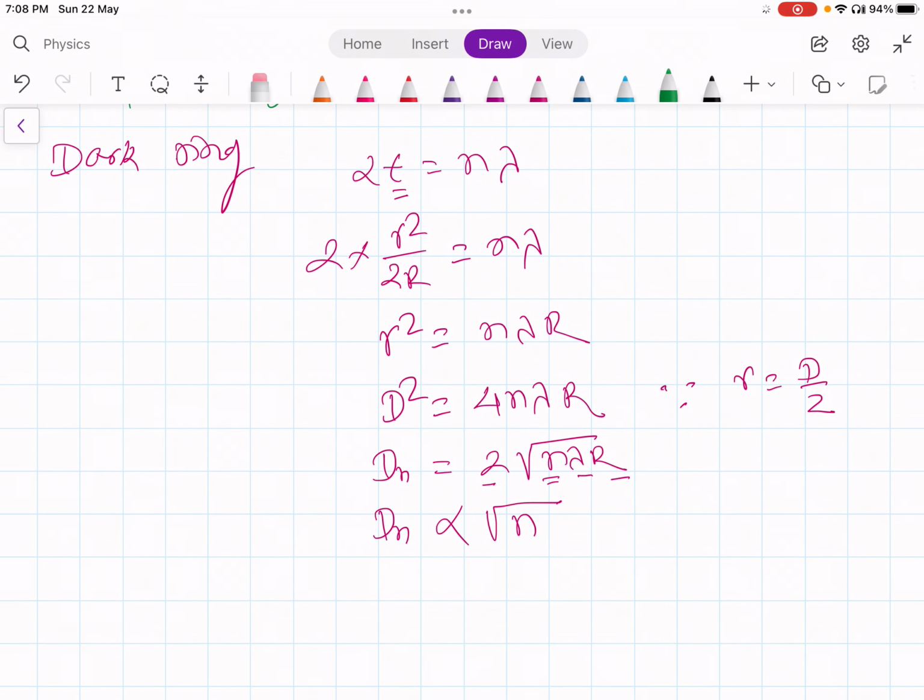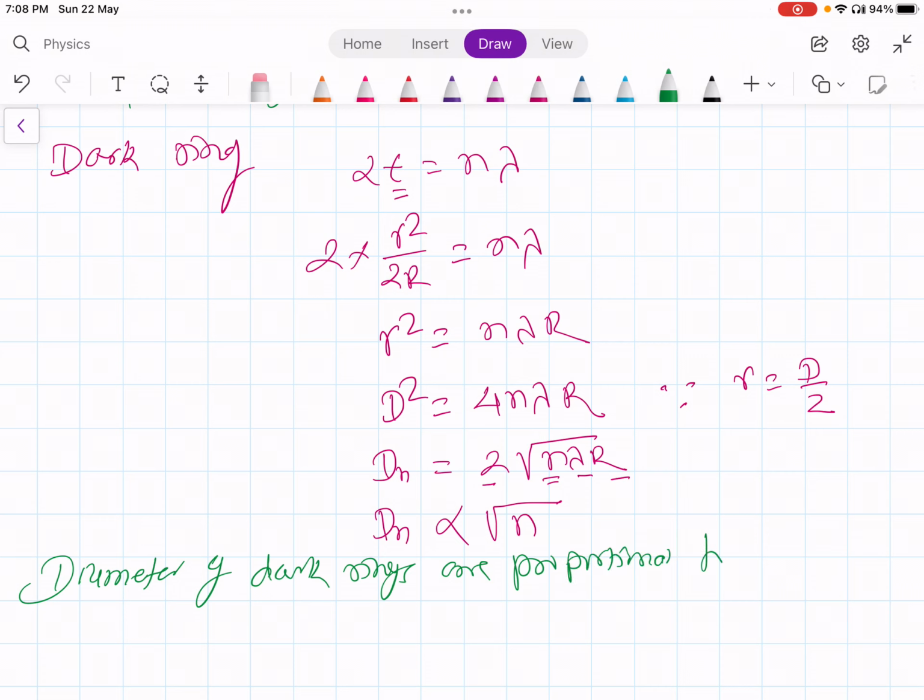Therefore, we can write here that the diameter of dark rings is proportional to square root of natural numbers. So this is what we have proved, that the diameter of the dark ring is proportional to square root of natural numbers.